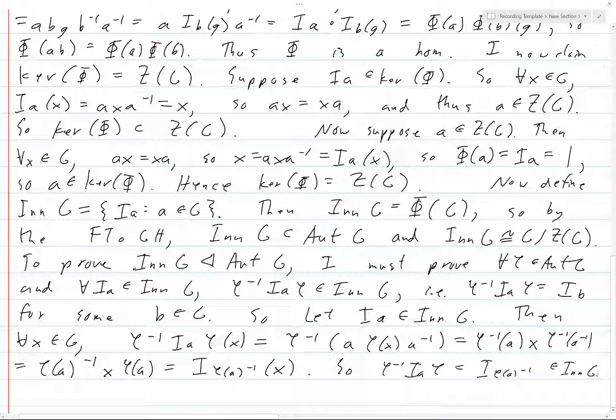Not C, but G. Hence, Inn(G) is indeed normal in the automorphism group of G, as desired. And this completes our proof.